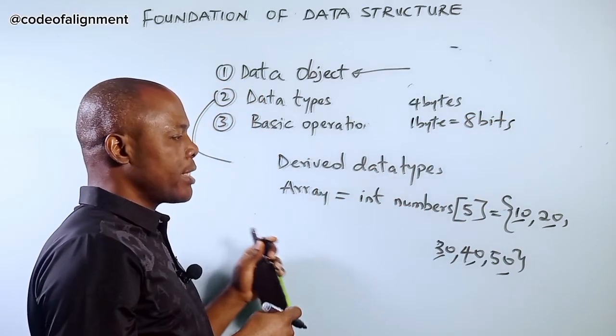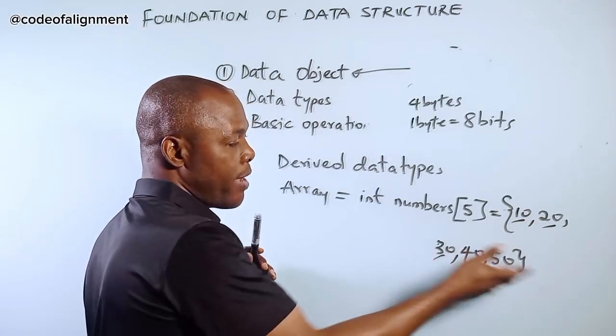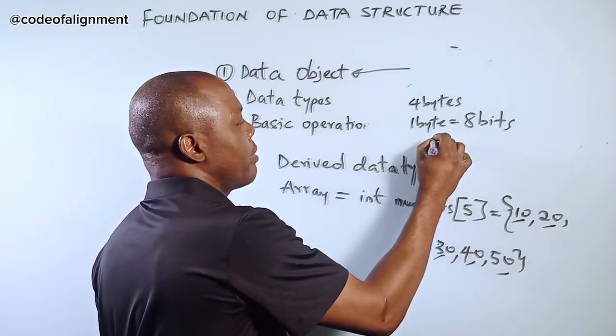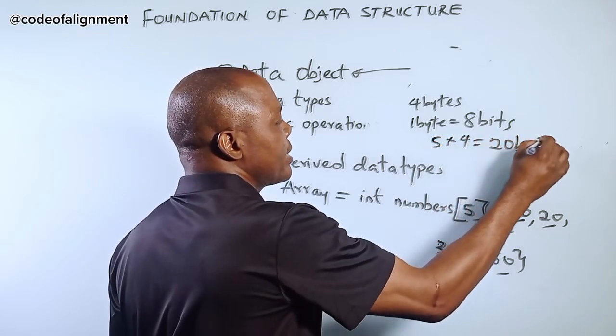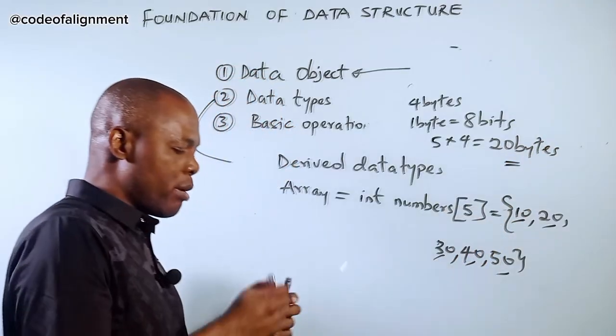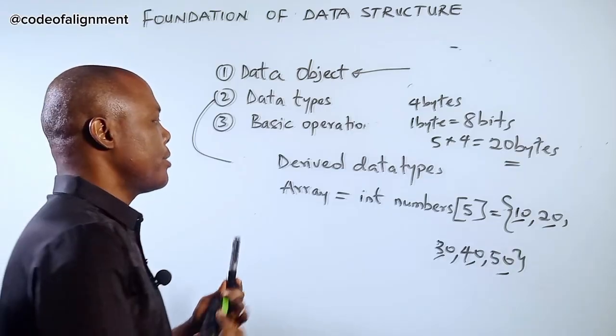I've explained that in my last class. So you are having how many integers here? 1, 2, 3, 4, 5. So that will be what? 5 times 4, that will be 20. So 20 bytes will be allocated in the memory for this derived data type, that is array.